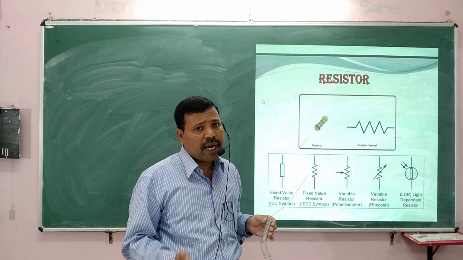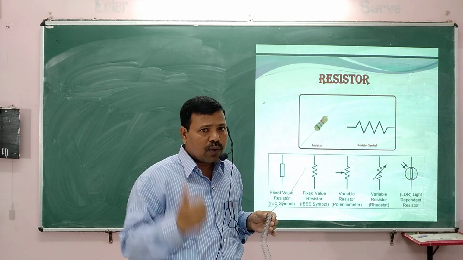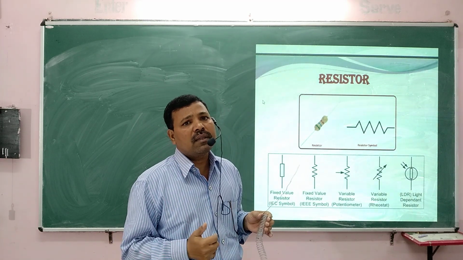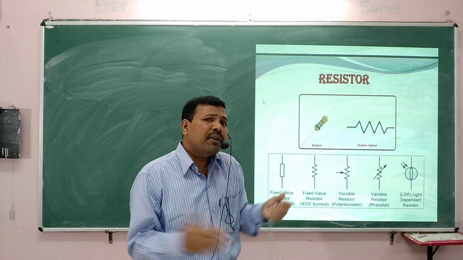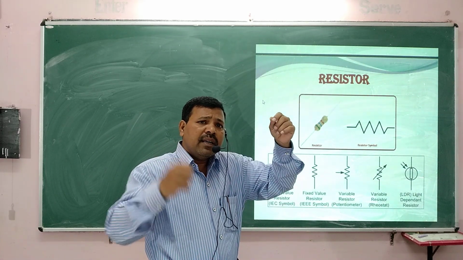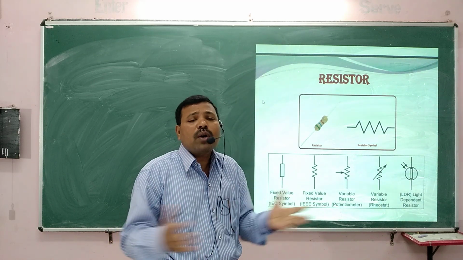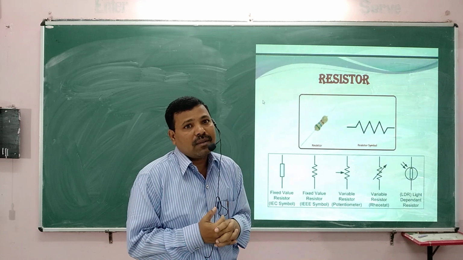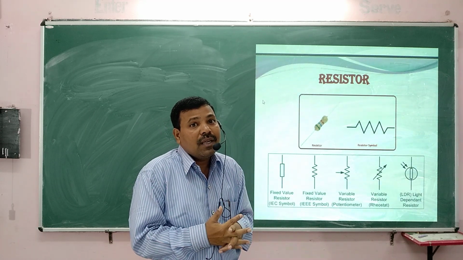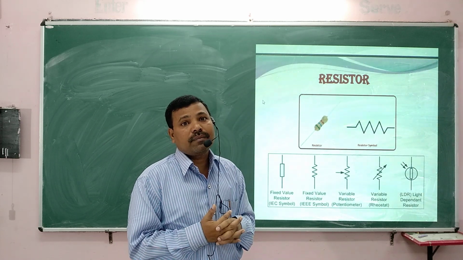As I have told you, there are three types of alloys: manganese, nichrome, and constantan. Why do we prefer these alloys in making heating filaments? Because they do not oxidize at high temperature, and their resistivity is more than the resistivity of a conductor.